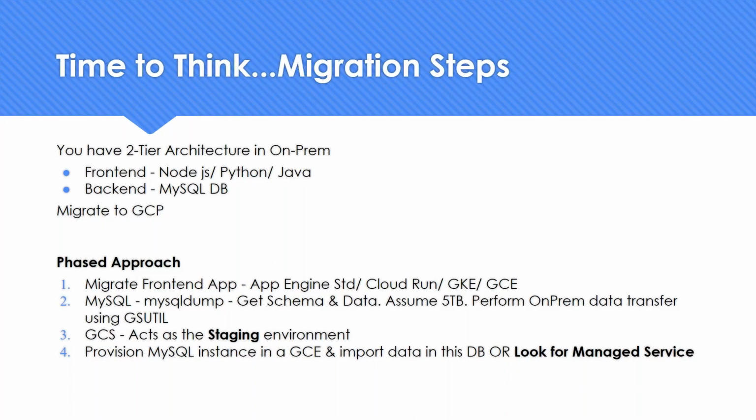But the drawback with this option is that the database is something which you have installed on infrastructure as a service. Most of you gave some better options for the front end, App Engine, Kubernetes Engine. Those are a little better because those are container as a service or platform as a service. But for the database, only a couple of you mentioned one product which we have not seen yet.